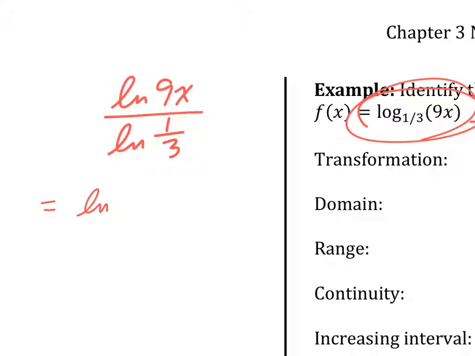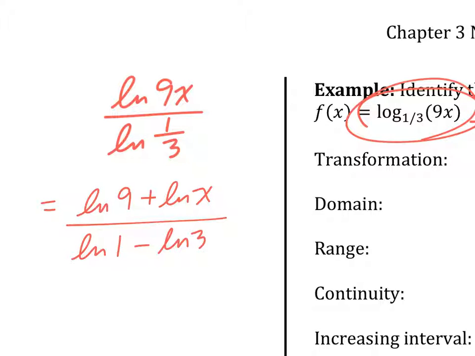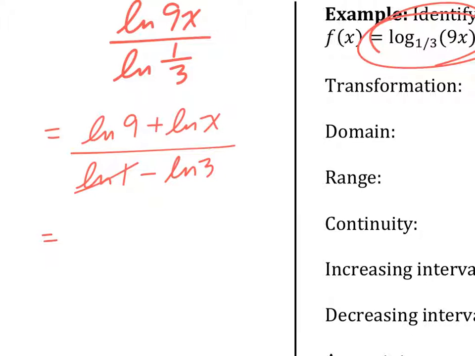Separate it. So natural log 9 plus natural log x. Okay, and then? All right, and then we know that's going to be 0. So we got to natural log 9 plus natural log x over negative natural log 3. Okay, now what?